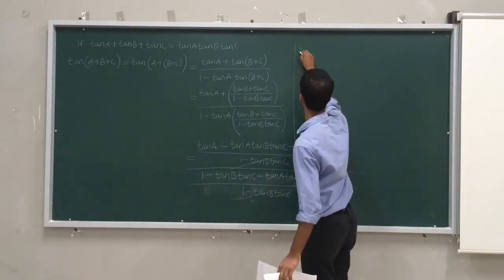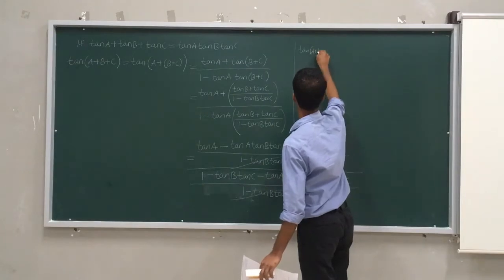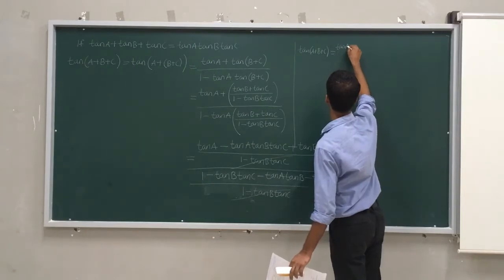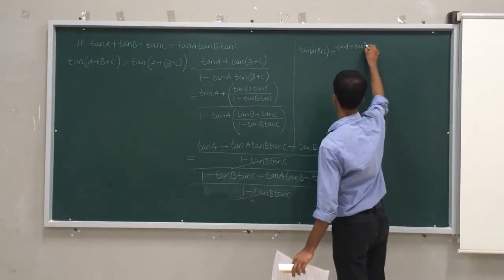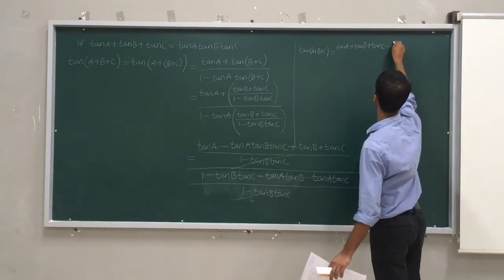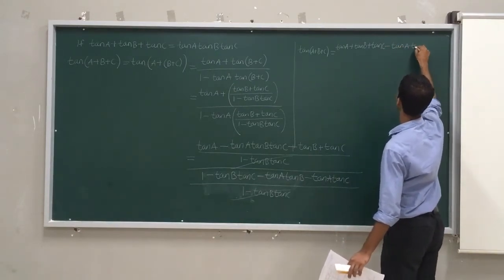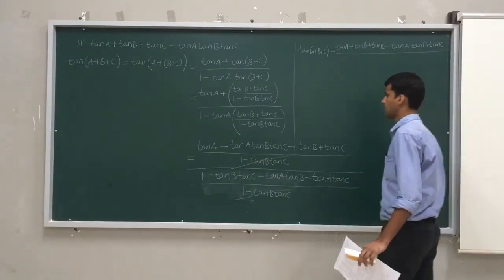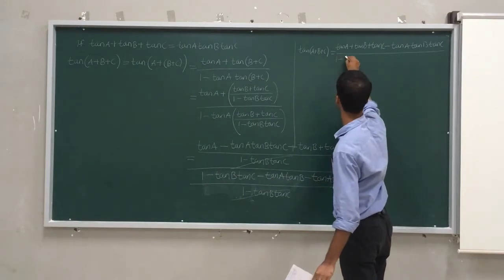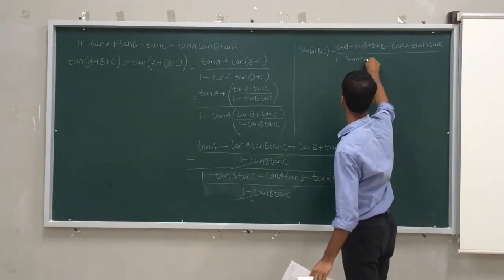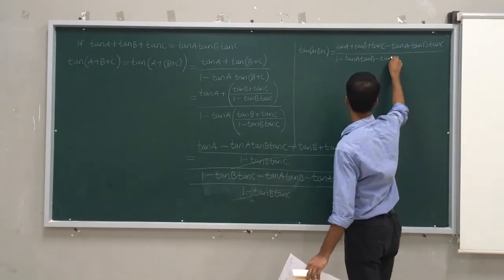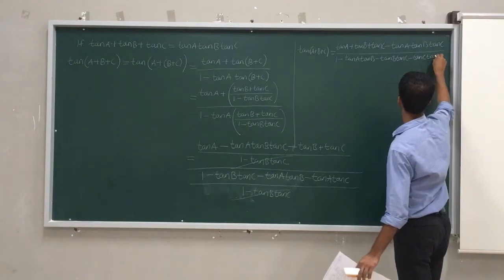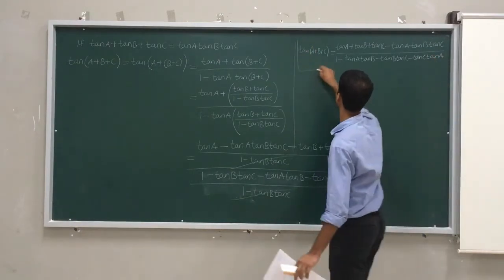So tan of A plus B plus C is equal to tan A plus tan B plus tan C minus tan A tan B tan C, whole divided by the denominator 1 minus tan A tan B minus tan B tan C minus tan C tan A. This is the formula for tan of A plus B plus C.